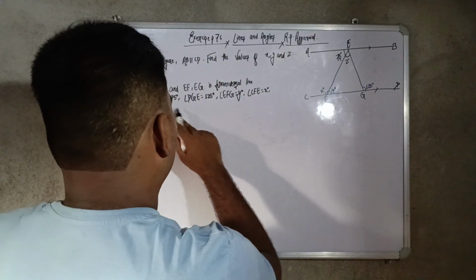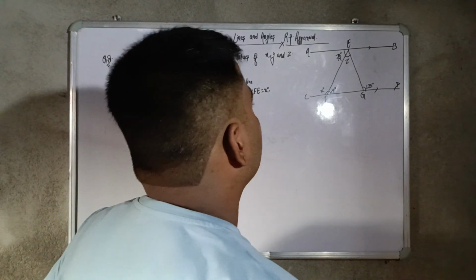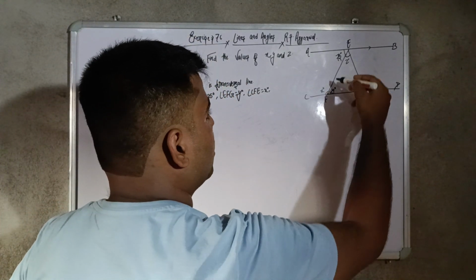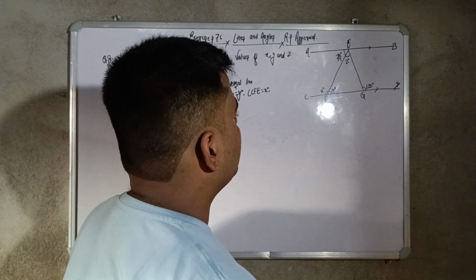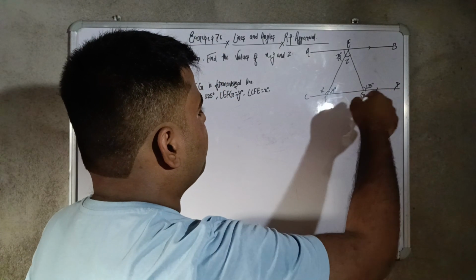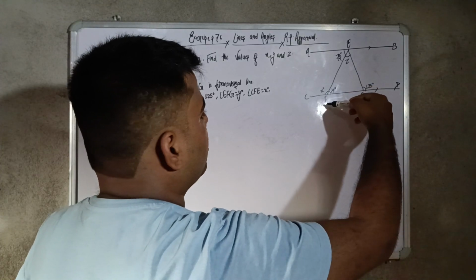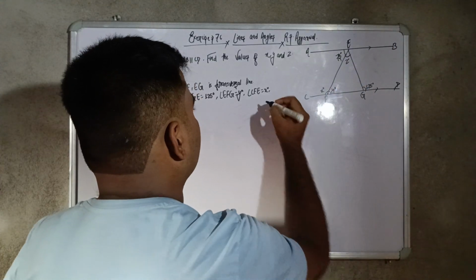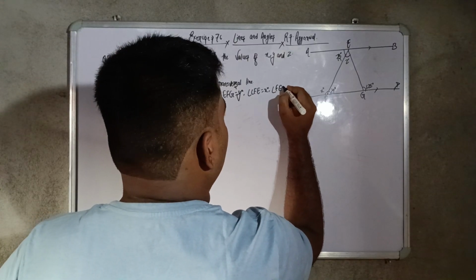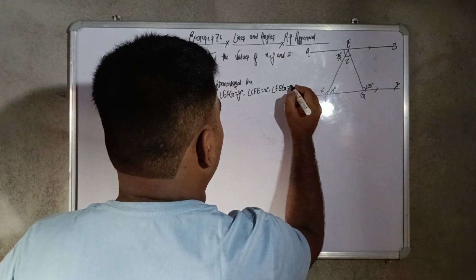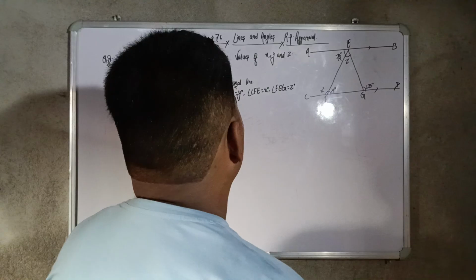We have to write here 125, x, y, z. Another one is z, and we have ABCD, E, F, G. It means that angle FEG is equal to z degree.